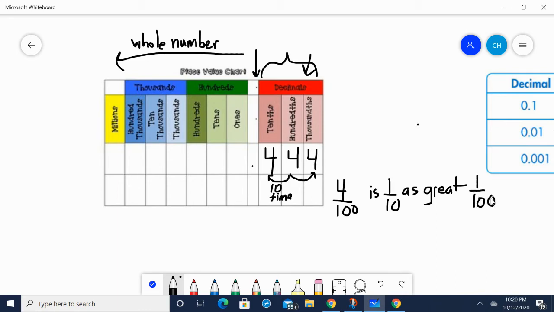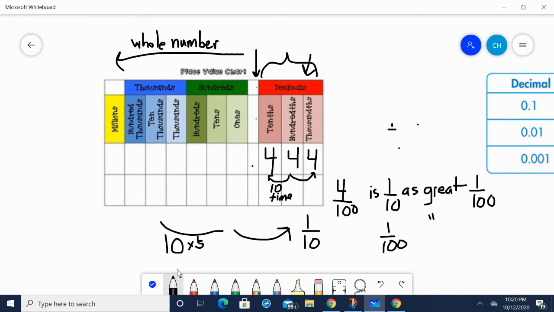Okay, and the same if we did the thousandths place, it is 1/10 as great as the hundredths. So when you are going from one place to your right, you're going to think of 1/10. And when you're going to your left, you're going to think of 10 times. So let's do this: to the right, 1/10 as great. To the left, 10 times as great.